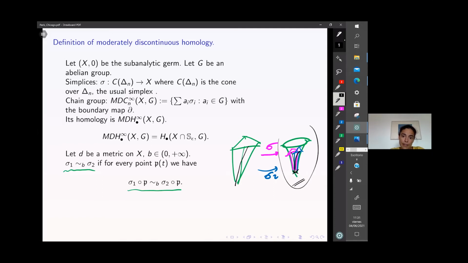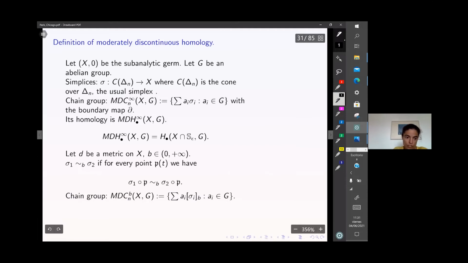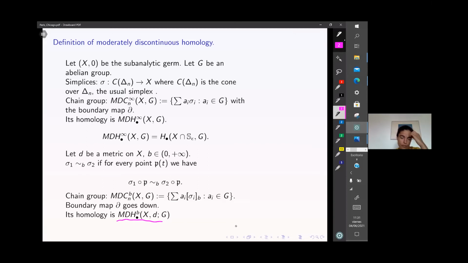The boundary mapping also goes down to this equivalence relation. We consider first the formal sums of equivalence classes of b simplices. The boundary map goes down, and we consider the homology. And the homology is the moderately discontinuous homology group, parameter b.